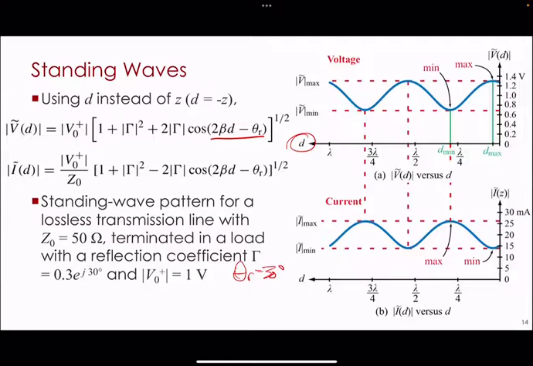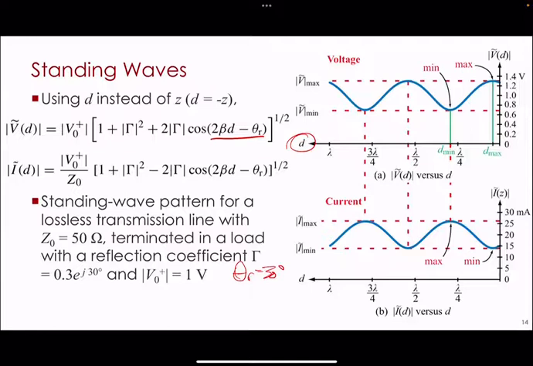ZL is the load impedance. We're not changing the load impedance in the middle of this. The load impedance is fixed for a scenario, just like V0 plus is fixed. And Z naught is the characteristic impedance. We're not changing that either. That's based on the R prime, L prime, G prime, C prime, so it's fixed as well.